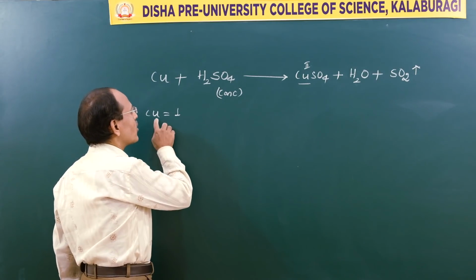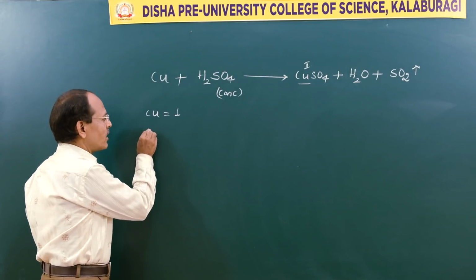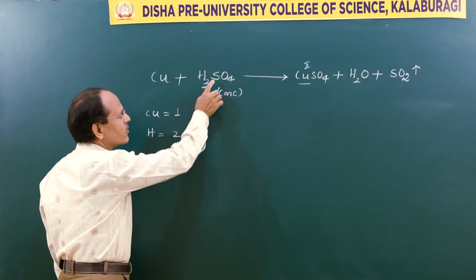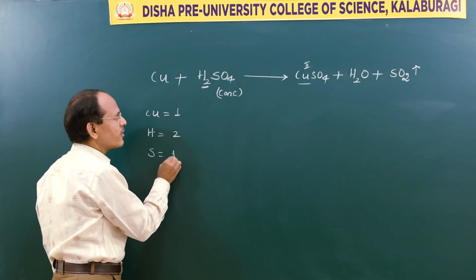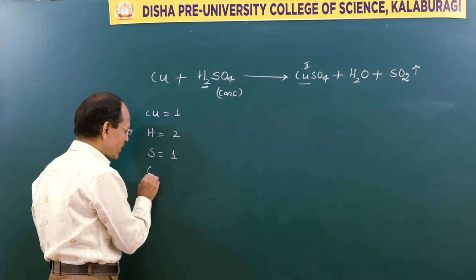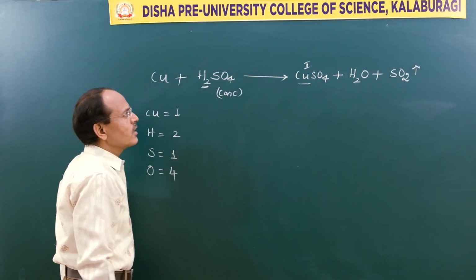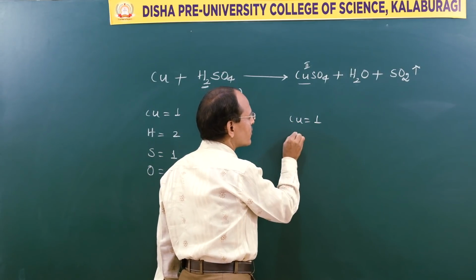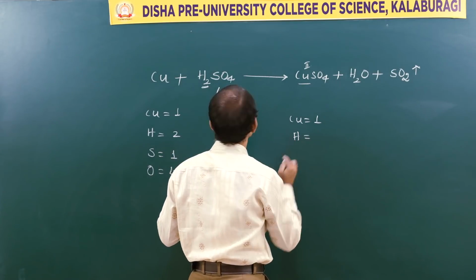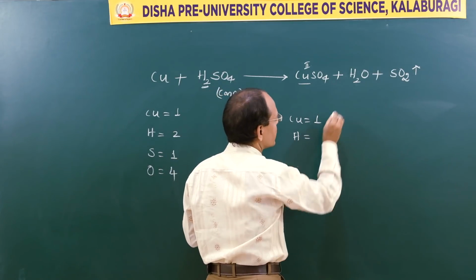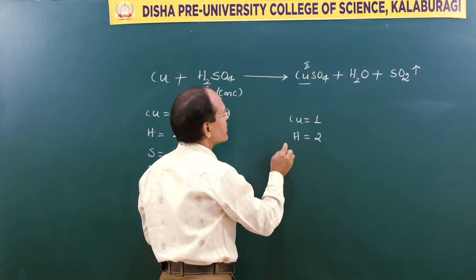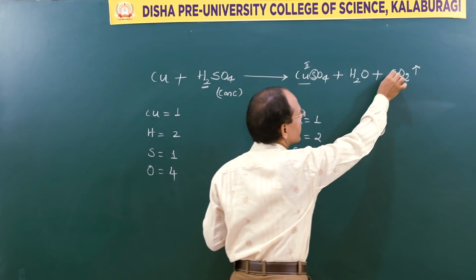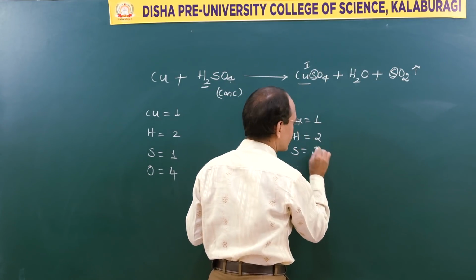Now copper is 1, hydrogen is 2 because 2 are there, sulfur as you know already is 1 only, and oxygen there were 4. Like that here also copper is 1, hydrogen is 2, and sulfur is 1 plus 1, so 2 sulfur atoms.